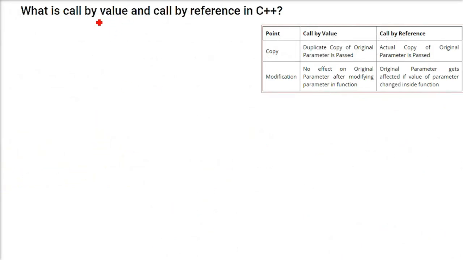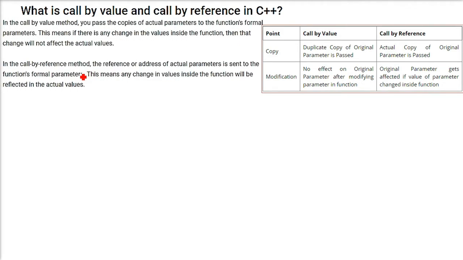What is call by value and call by reference in C++? Let us start with an example. You have a main function. Then there is a function I am calling, say fun is the function name.